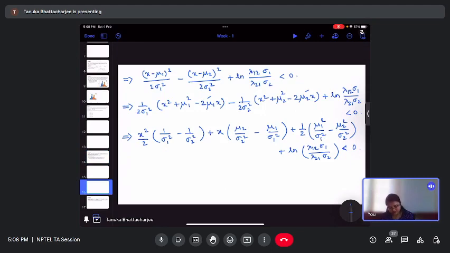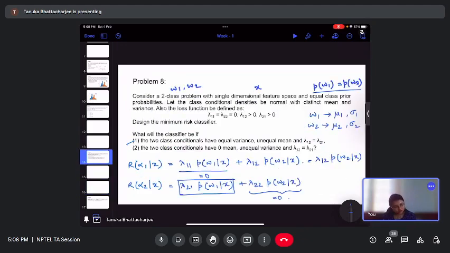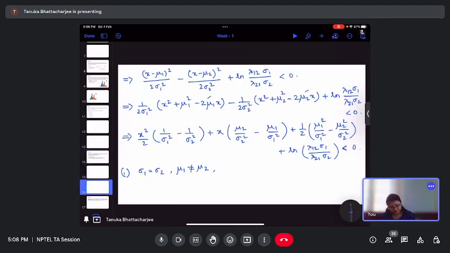So you have equal variance, so you have sigma 1 equal to sigma 2, mu 2 and mu 1 are different because you have different means, and lambda 1 2 equal to lambda 2 1. If you simply put this, the square term goes away. So once you have equal variance for both the class conditionals, the classifier does not remain a quadratic classifier anymore, it becomes a linear classifier.